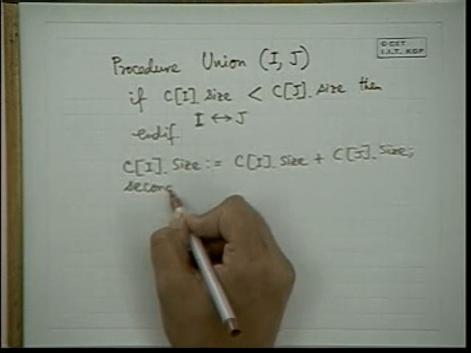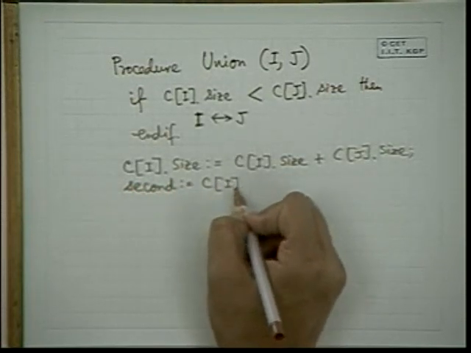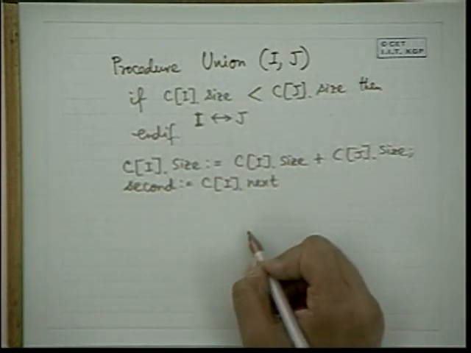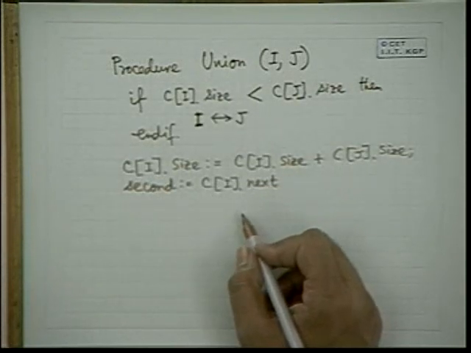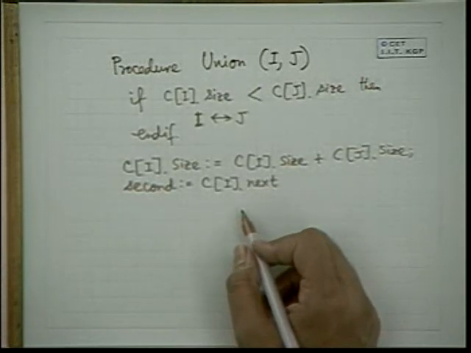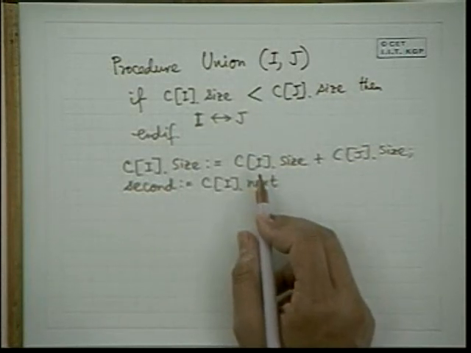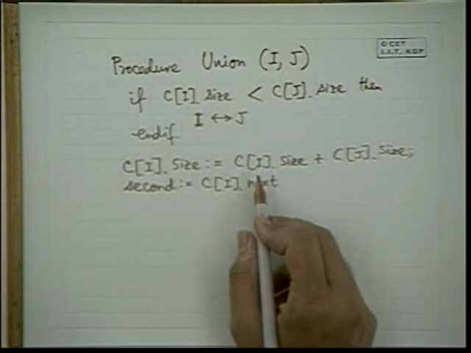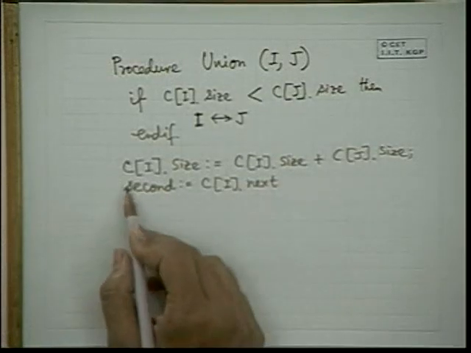Okay, for this one I need to do this. So second Ci dot next. So Ci dot next will tell you what? Ci dot next will tell you the next element which is going from its representative element. It's not. Ci dot next, yes, it is that element, it will give that pointer. So second is there, that's why it is called second.